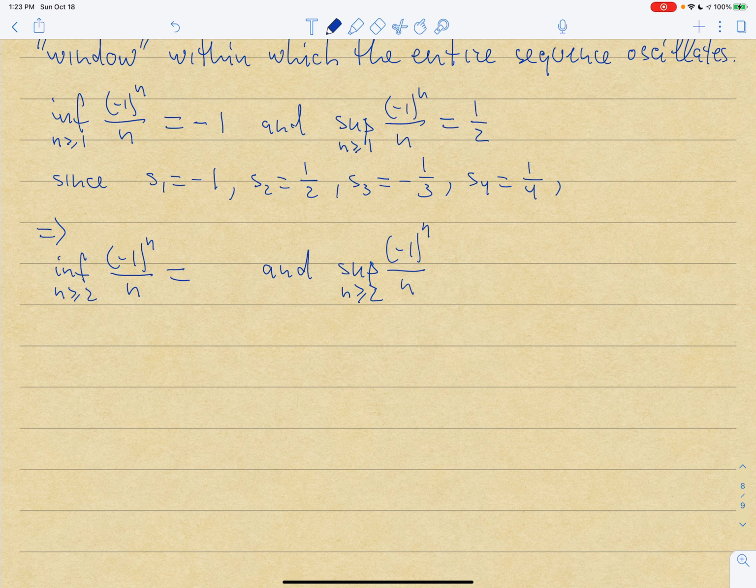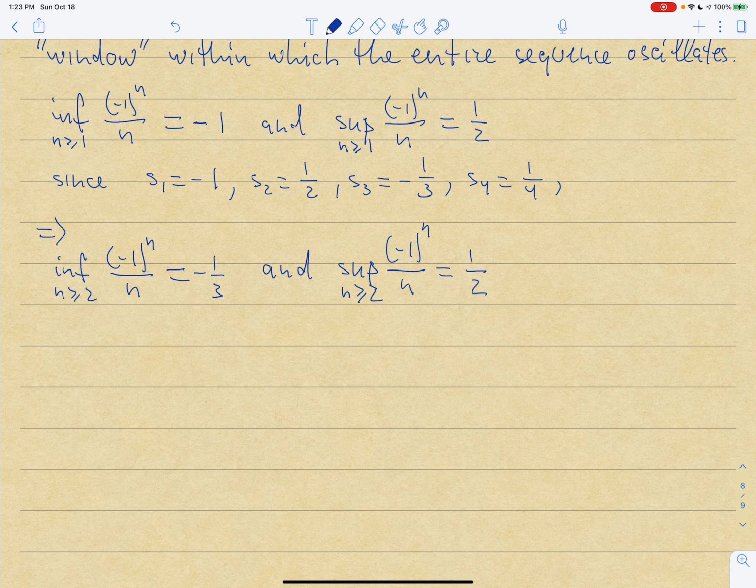Again, the same story is going to hold. If you start at 2, the first element is positive, the next element is negative. The first positive element is the largest, and the third element of the sequence is going to be the smallest. So the infimum then is -1/3, and the supremum is equal to 1/2.